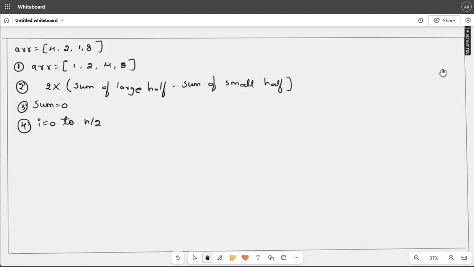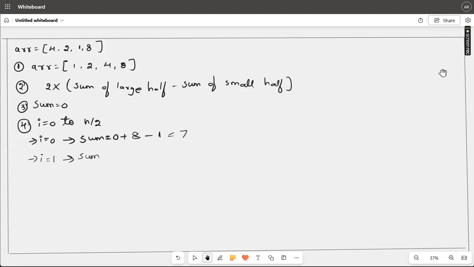For i equals 0, sum is 0 plus the largest element, which is 8 from the backward, minus the smallest, which is 1, so the sum equals 7. Next, for i equals 1, n is 4, 4 by 2 is 2, so up to 1 only, the last iteration will be continued.